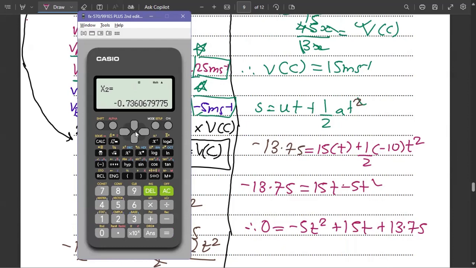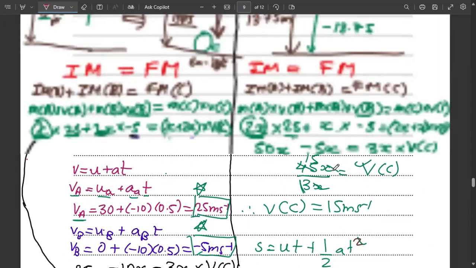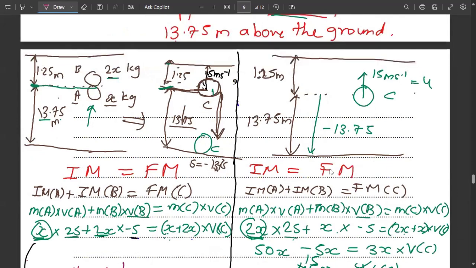Again, the answer cannot be negative. So only one possible option, 3.736. Okay. So T is 3.736 seconds. Now, what is this 3.736? That is just the time it will take from here to down. T equals 3.736.